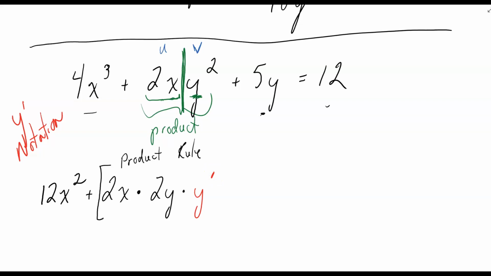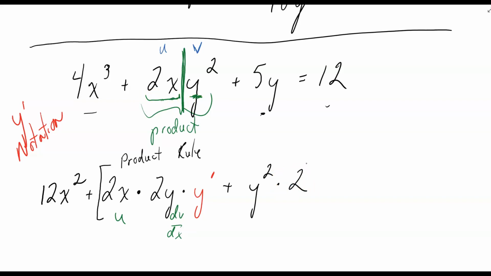So that is u times dv dx, right, for the product rule. And then we're going to add to that v, that's y squared, multiplied by the derivative of u. And the derivative of u, that's the derivative of 2x, is just 2.